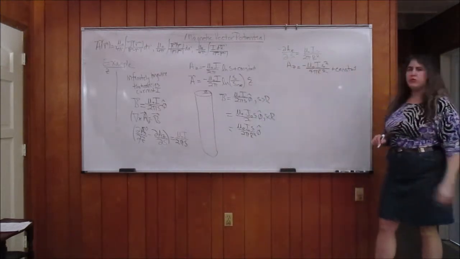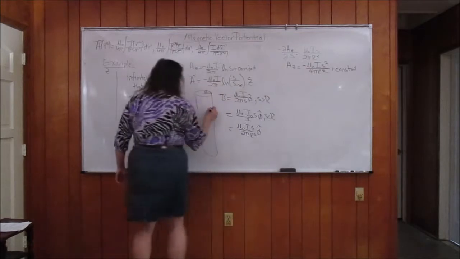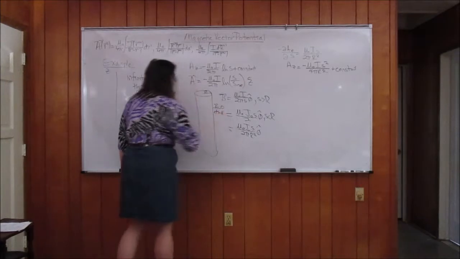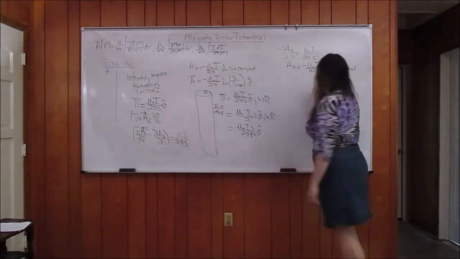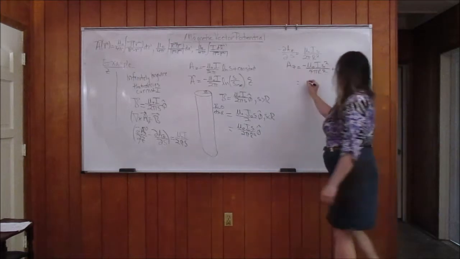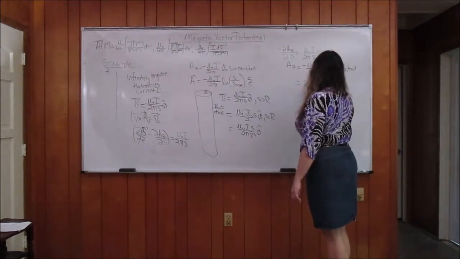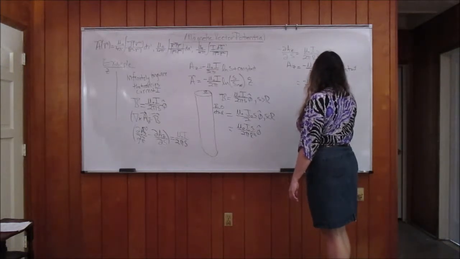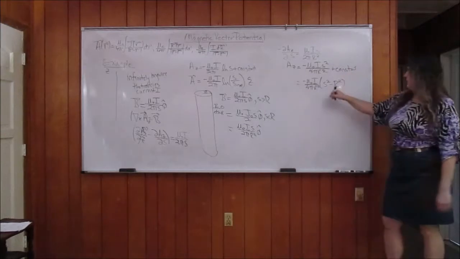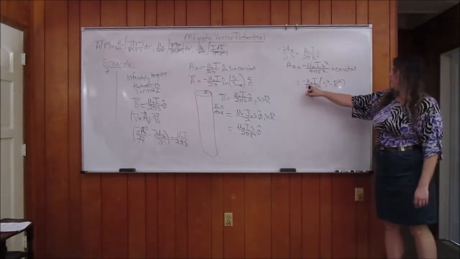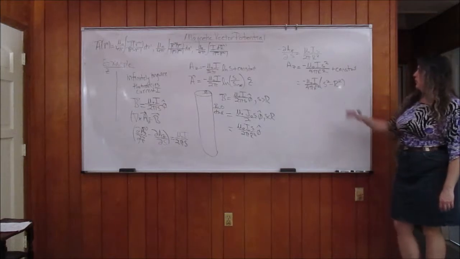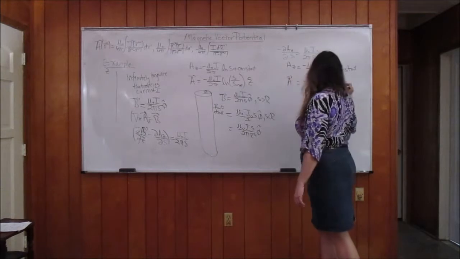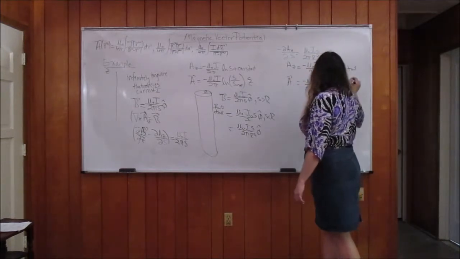Well, this time I'm going to choose my constant such that A vanishes at s equals R. So therefore, I can choose my constant such that the magnetic vector potential is minus mu naught I over 4 pi R squared times s squared minus R squared, which vanishes at the surface. And this is inside.